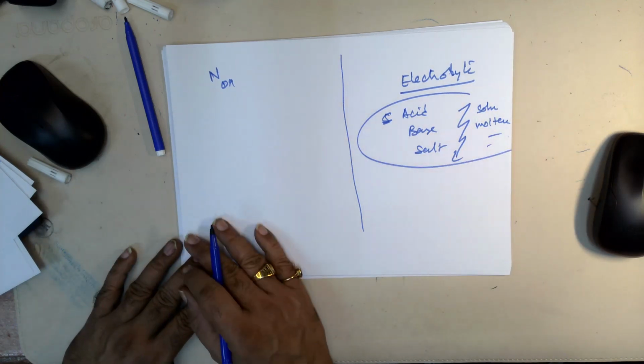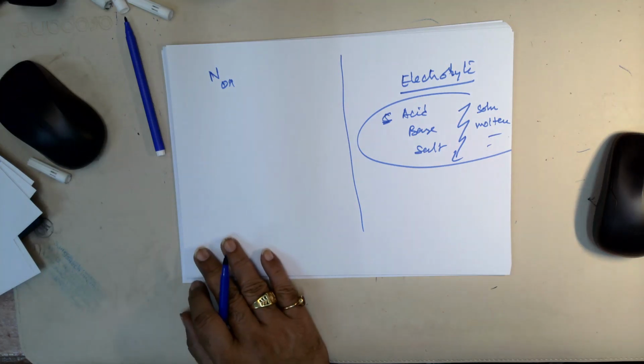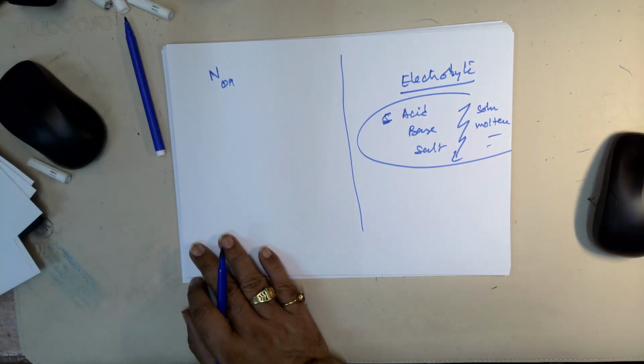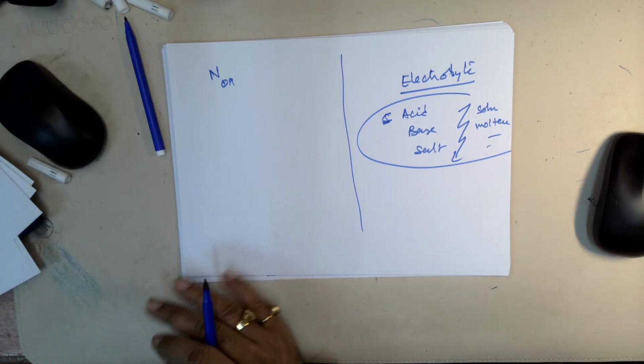Do you understand this? So what is an electrolyte? It can be an acid, base, or salt that can conduct current electricity in solution form or in molten form.